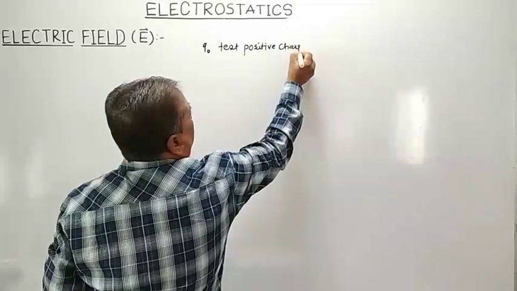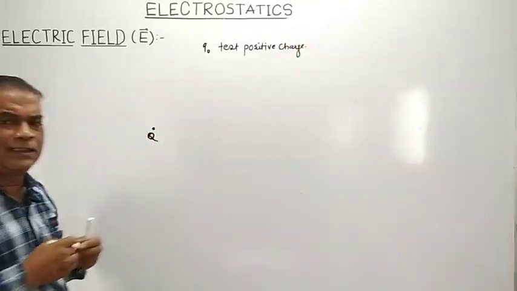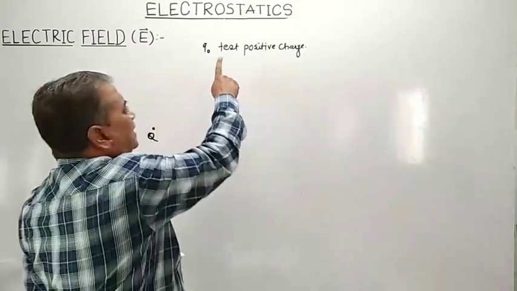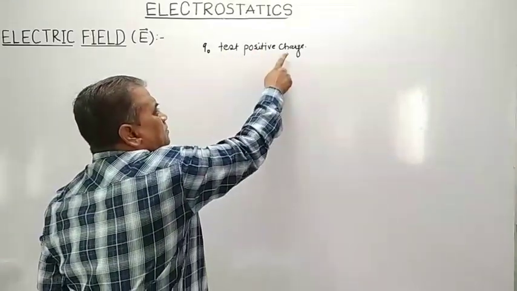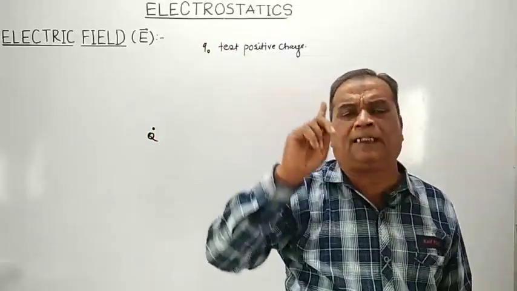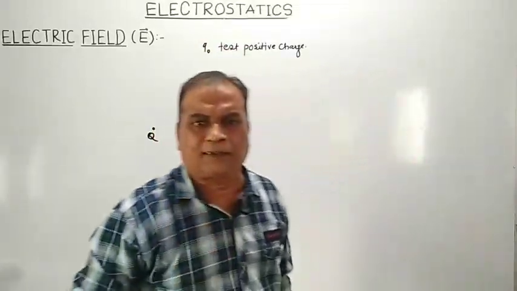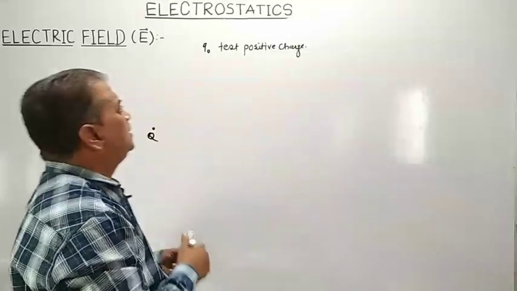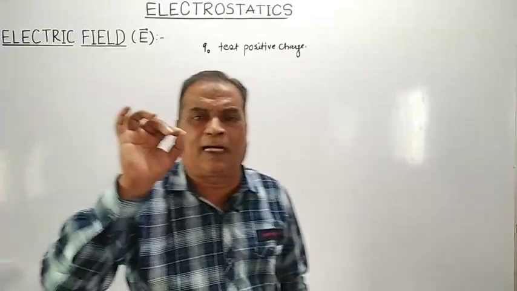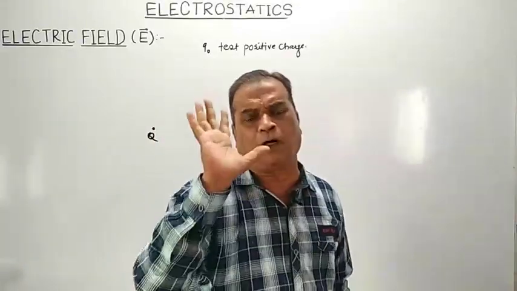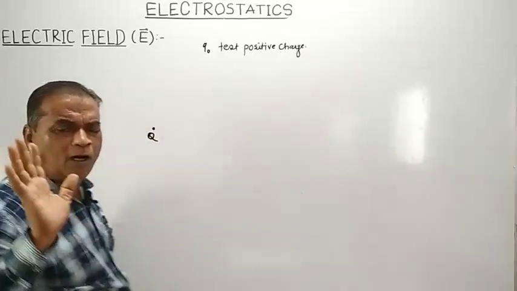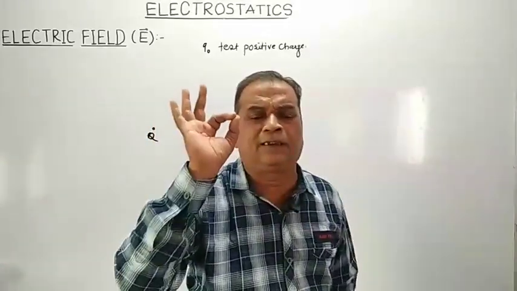From here onward, everywhere during the study of electrostatics, you will hear the name test positive charge. It means this test charge is a positive charge, and second, its magnitude is so small that it will not affect the surrounding of any given charge.